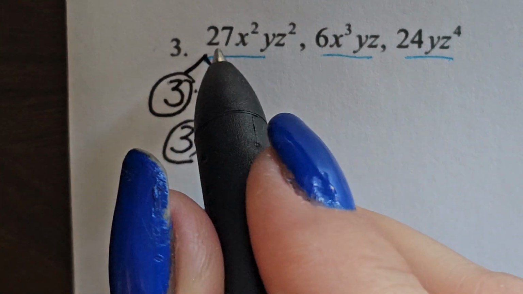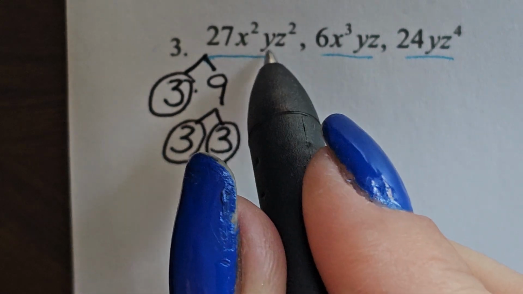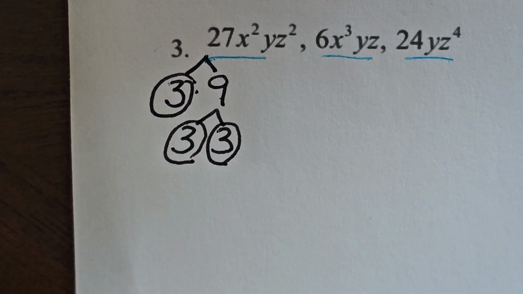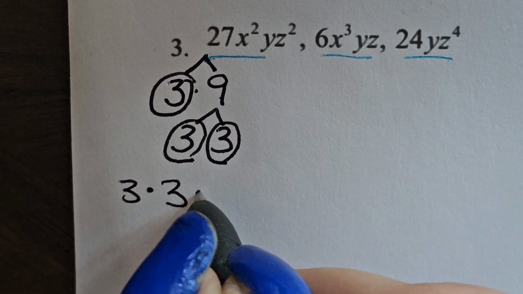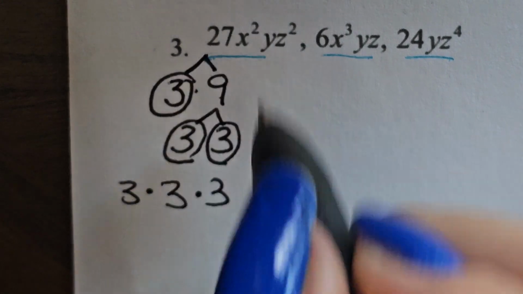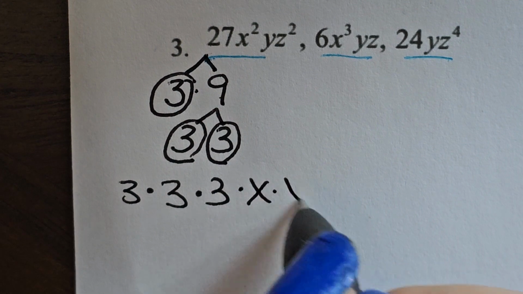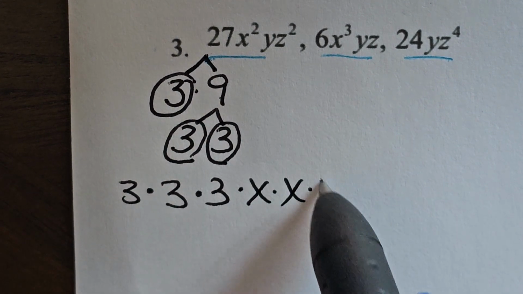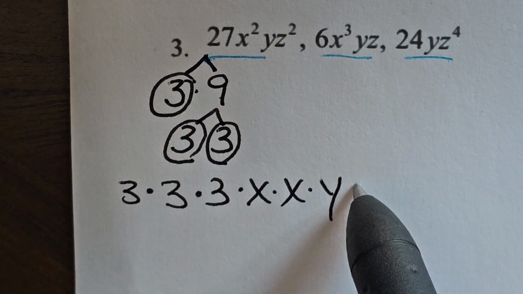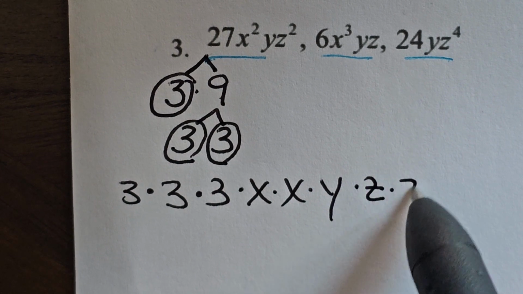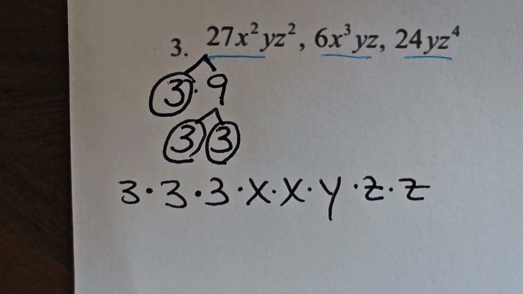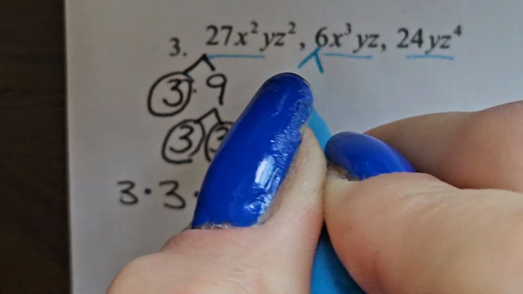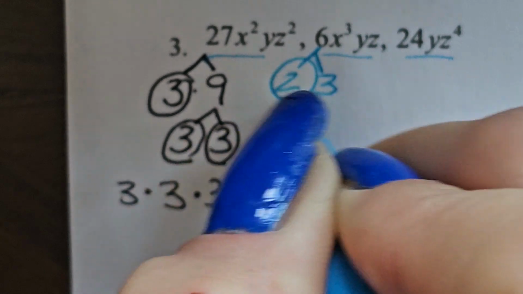So now I'm going to write that down. So my prime factorization for 27, x squared times y times z squared is going to be 3 times 3 times 3, x squared, so x times x, times y, z squared, so times z, times z, okay? First one done. Let's do the next one. 6 is pretty easy because 6 is just 2 times 3.